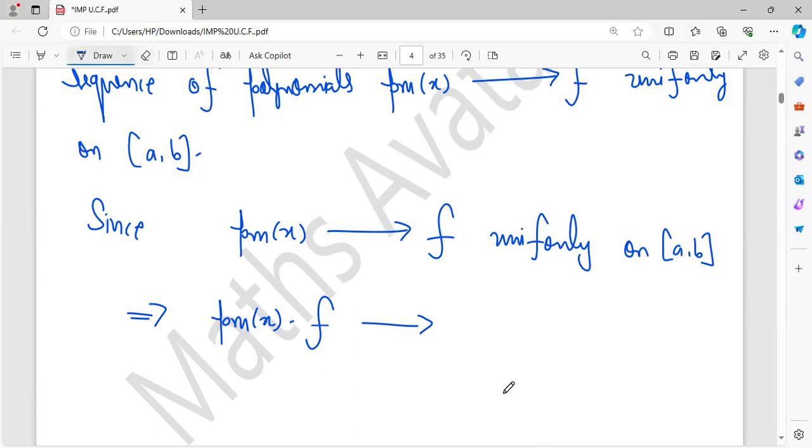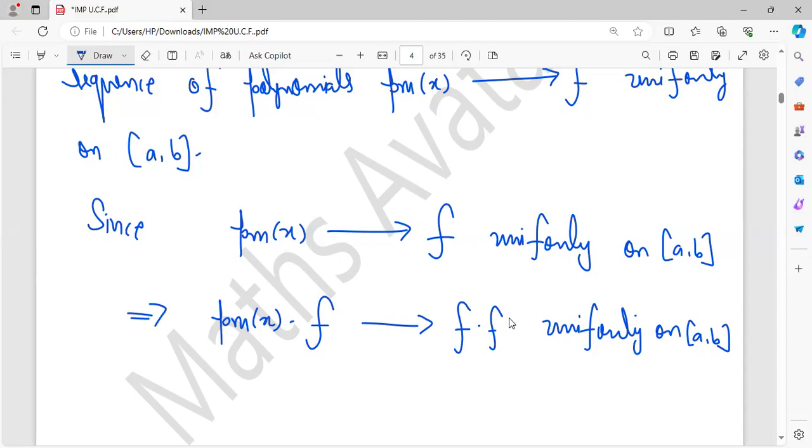This will converge uniformly to f into f on [a, b], because if polynomial p_m converges to f uniformly on a closed interval, you can multiply by a constant. Here f is a function, but it is playing like a constant.